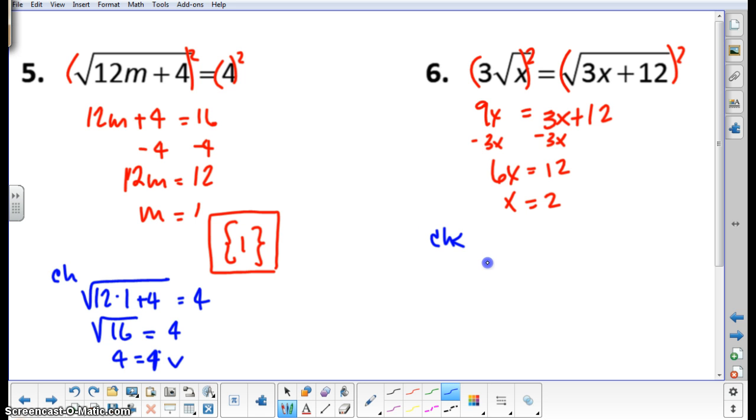And we're going to say 3 times root 2, and ask ourselves, is that equal to the square root of 3 times 2 plus 12? Interesting. 3 root 2 is equal to, this turns out to be 6 plus 12 is 18.